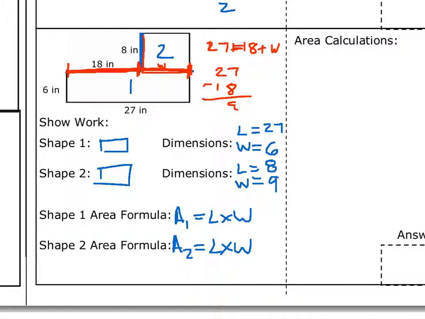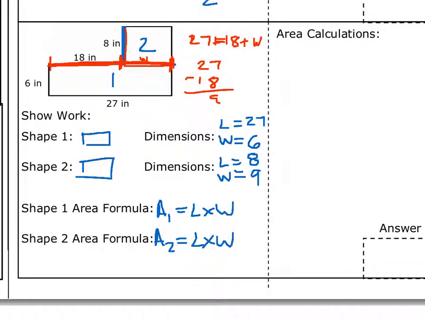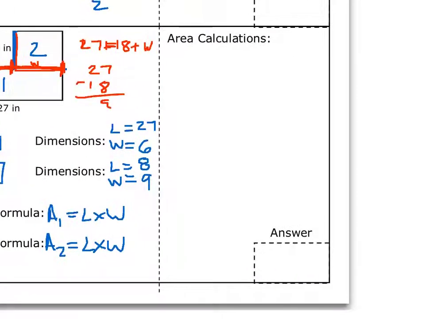So at this point, we haven't gotten our final answer because we haven't even started calculating areas, right? So we need to find the areas of the 2 shapes that we broke it up into. Area 1, so let me switch back to blue. Area 1 is equal to length times width.